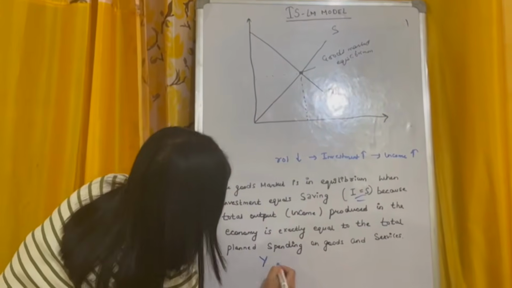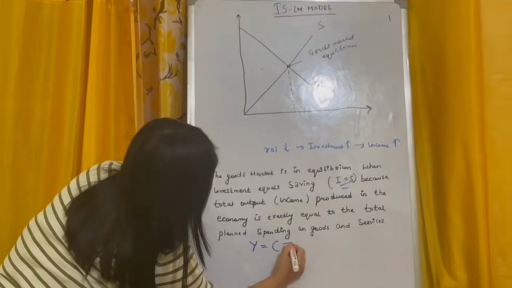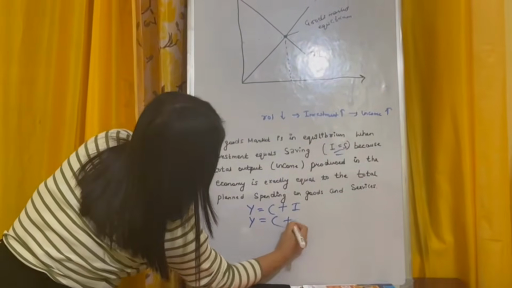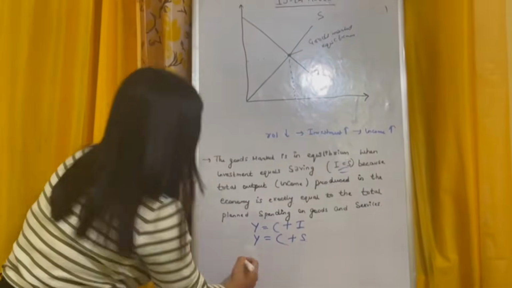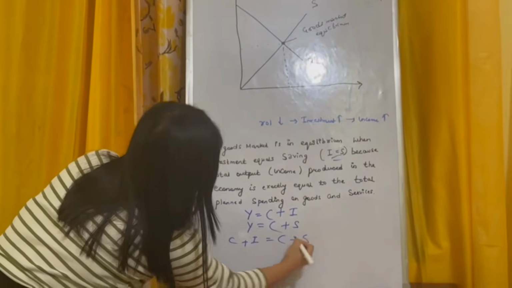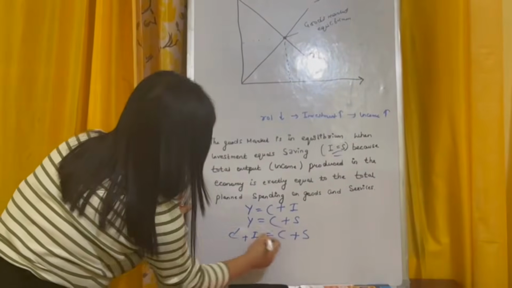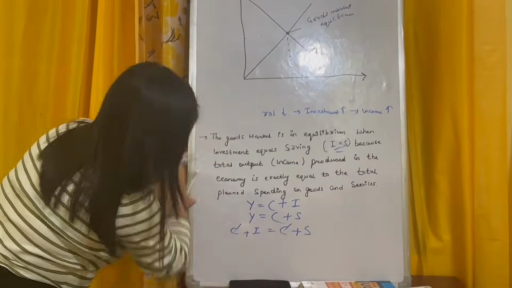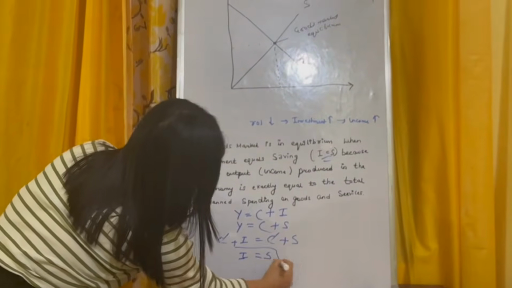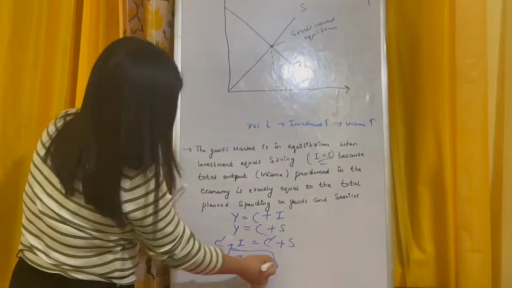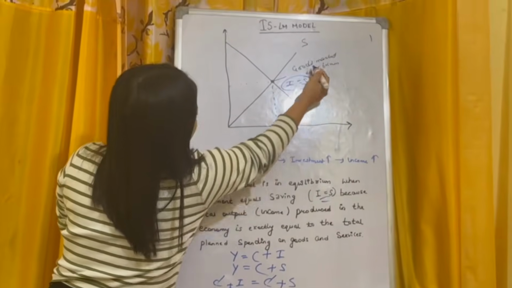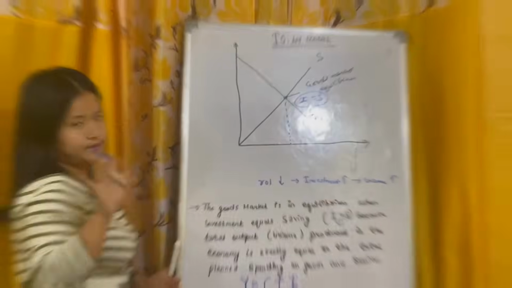So when Y, income, equals consumption plus investment, or income equals consumption plus saving, C plus I equals C plus S. Cancelling consumption from both sides, it comes to investment equals saving. That's why the equilibrium point of investment and saving is known as goods market equilibrium.